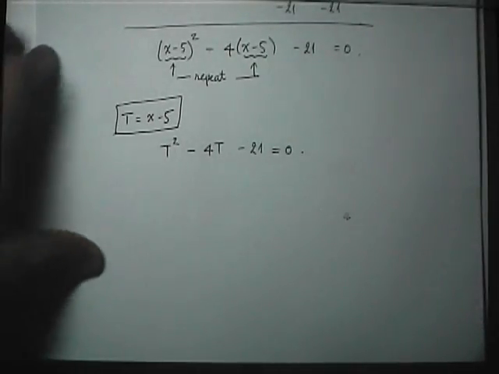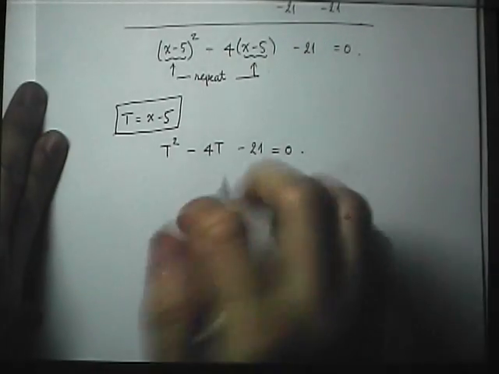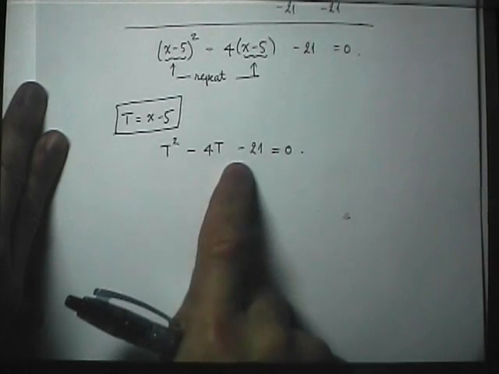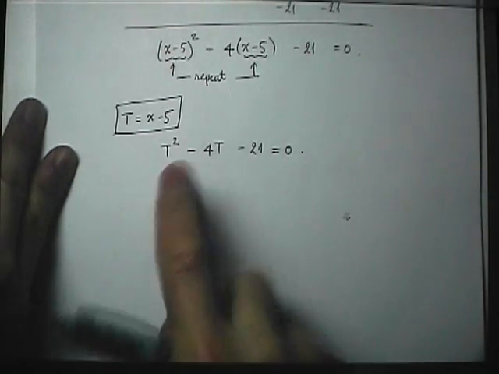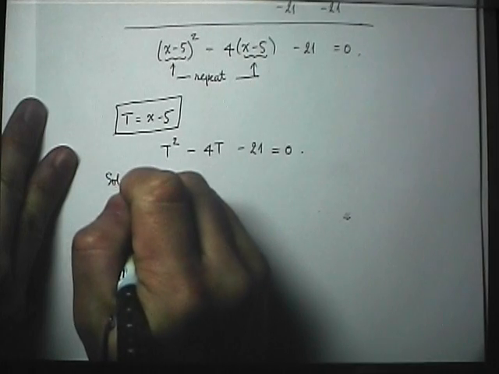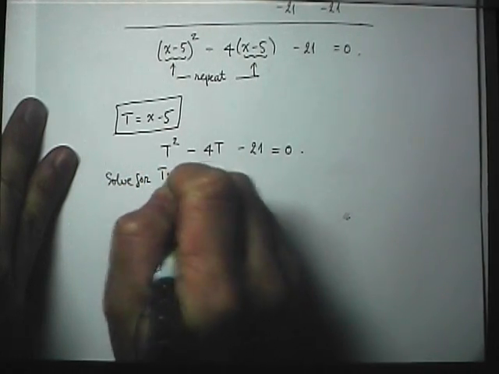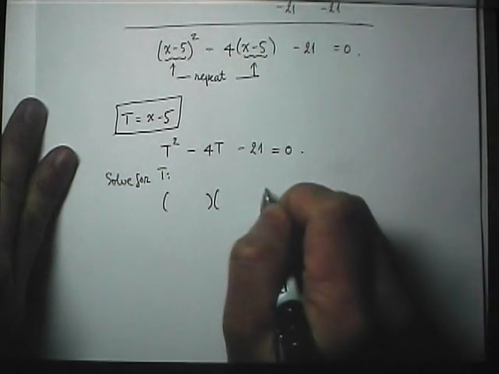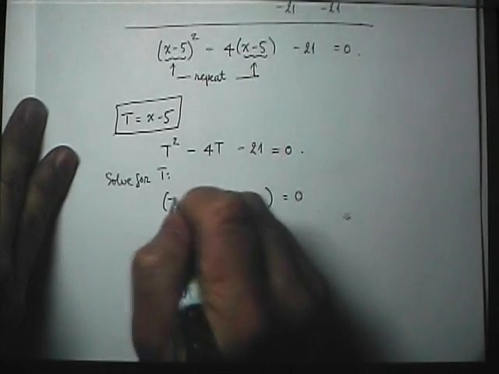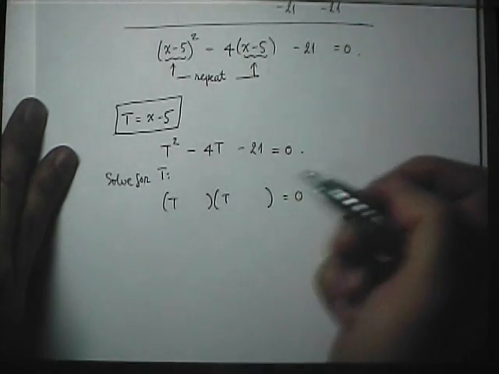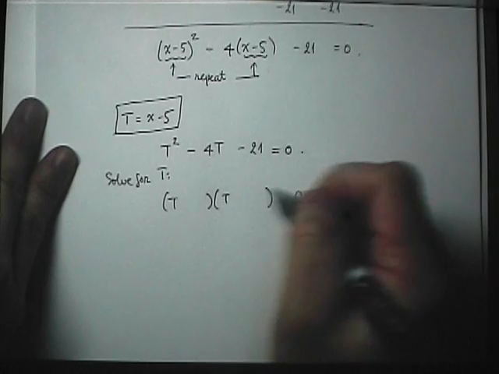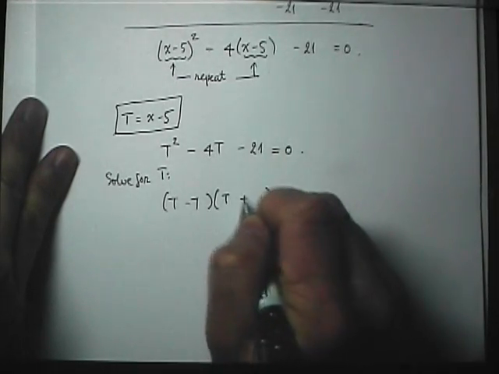So now I'm obviously back to a quadratic equation in terms of t. So solving for t, I can factor that. t and t, so minus 7 plus 3.